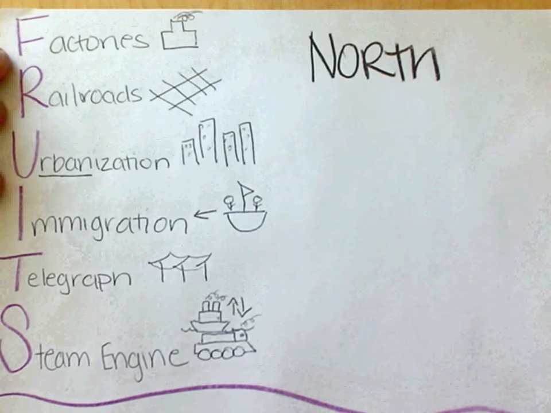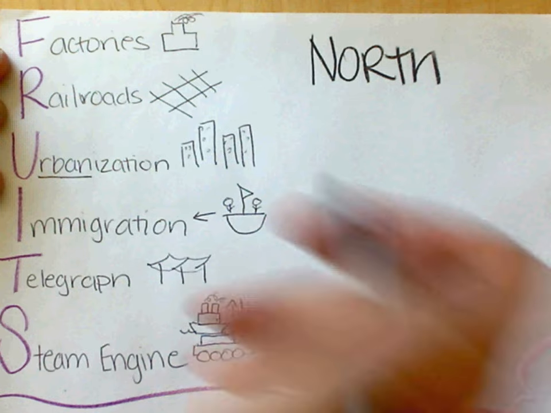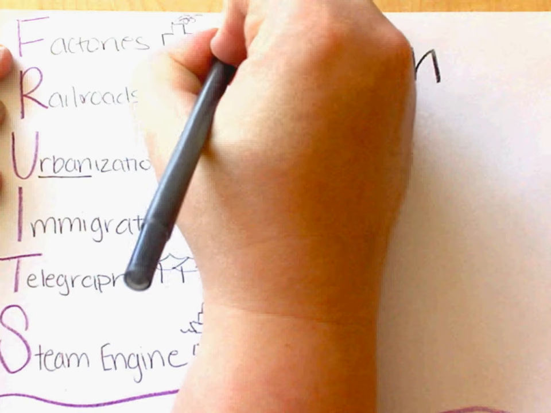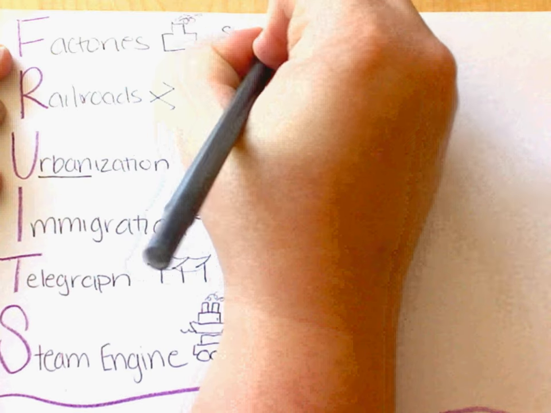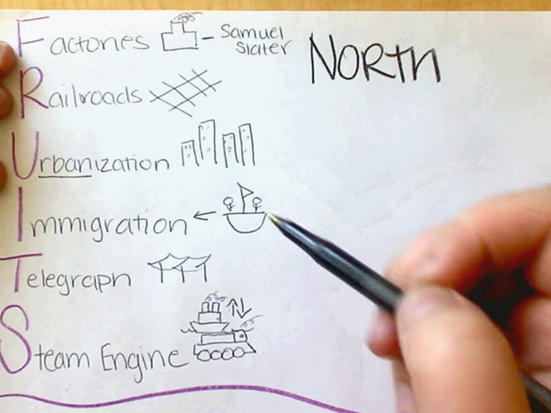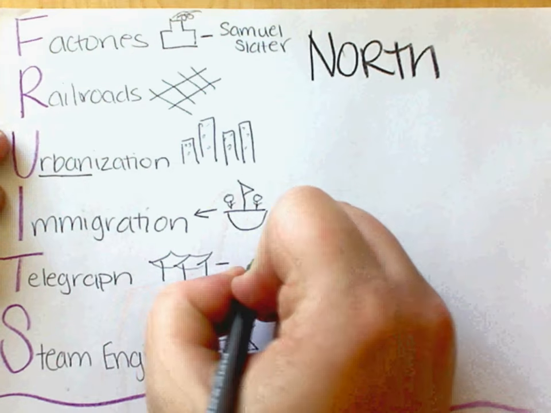Hopefully you've had time to think about the inventors of these items. Who brought the factory system to America? Samuel Slater. Now, we could talk about the inventor of the railroad, but I don't think that's as important as the inventor of the telegraph. Samuel Morse.